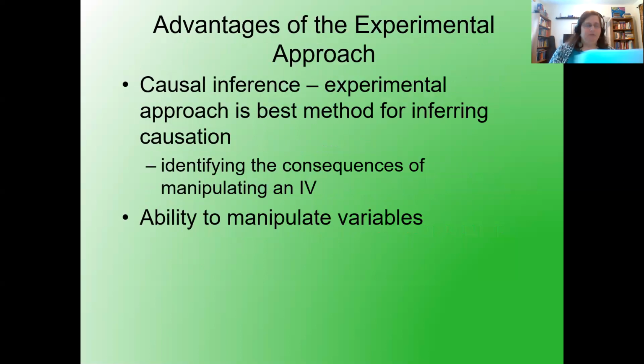So before we get into advantages, let me just share with you a quick example of a psychological experiment. Once again, let's consider a convenient sample of 100 people experiencing generalized anxiety. We're going to take that convenient sample, and 50 are going to be randomly assigned to the treatment group, which is a new drug in pill form for anxiety, or the control group who takes a placebo pill.